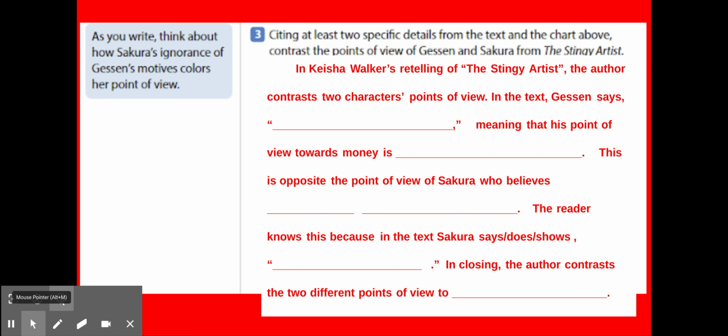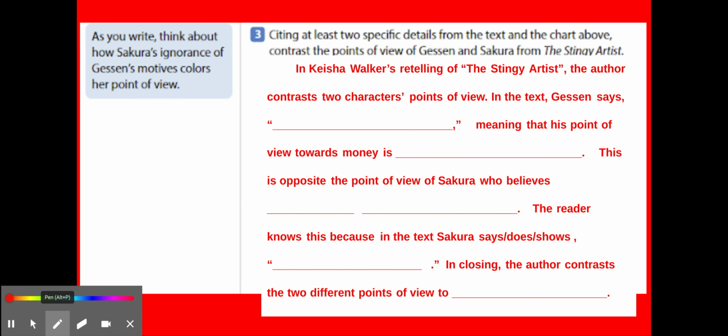So in the text, Geeson says, blank. You've got to give me something he says about his viewpoint on money and tell me what his viewpoint is. This is, and then our next sentence says, this is the opposite, which goes to that contrasting part up there. Okay. This is the opposite. Oh, then there we go.